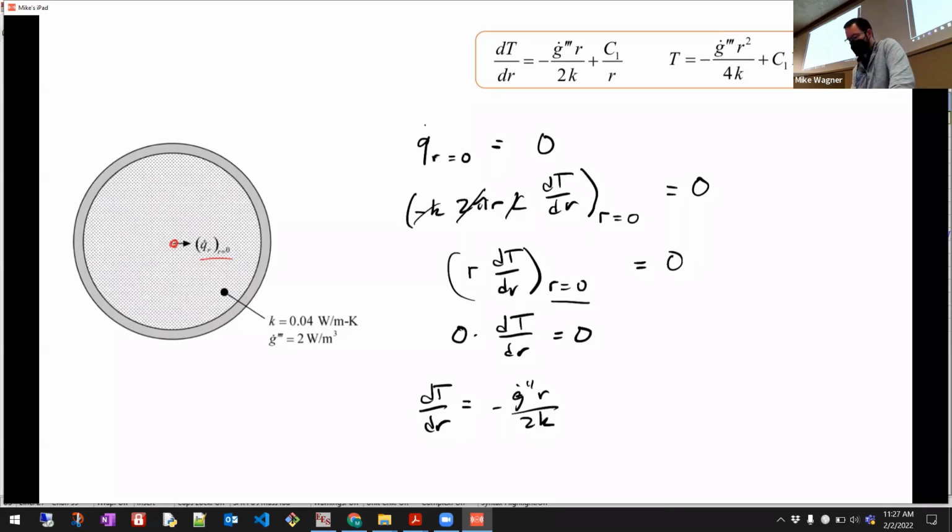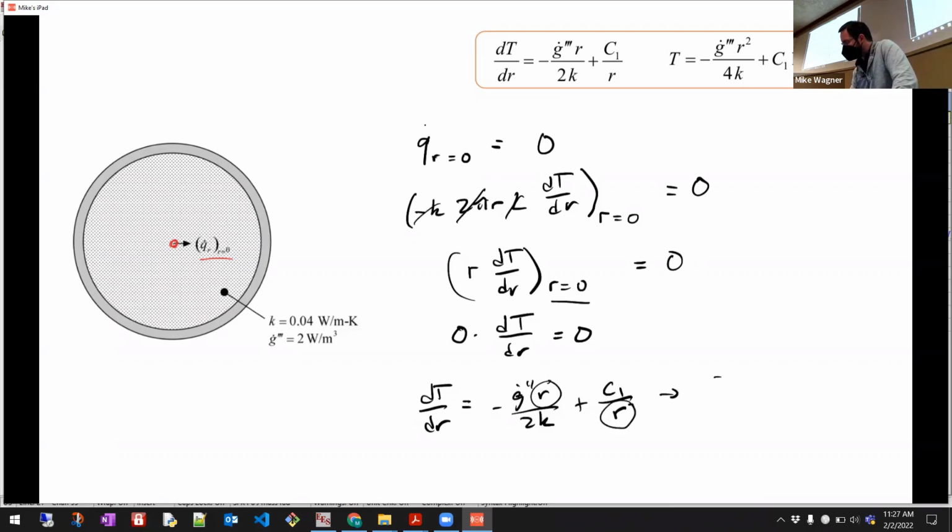Now if we plug this in, where we are evaluating this all at r equals 0, we say dT/dr equals, sorry, I missed the term here, C1 over r. Don't want to forget that. So let's plug in, again, where r equals 0.